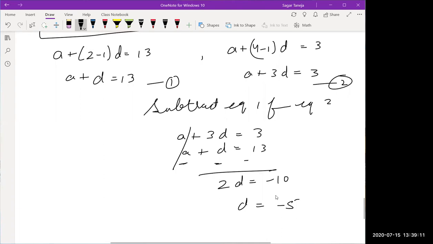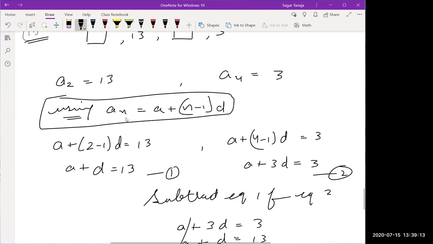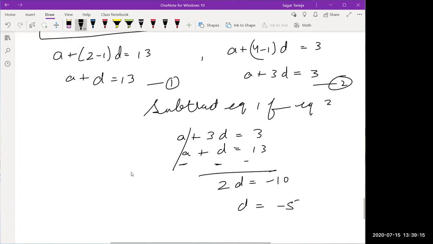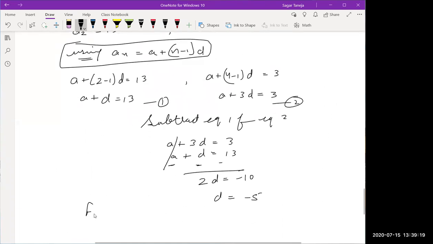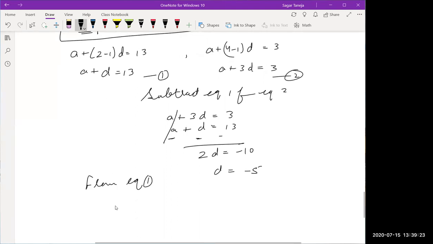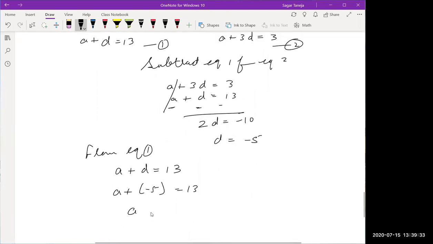If d is minus 5, we can now calculate the first term. See this, from equation 1, a plus d equals 13. Put the value of d here. And this will go that side and it will get added. So a is 18. So the students are correct that a is 18.